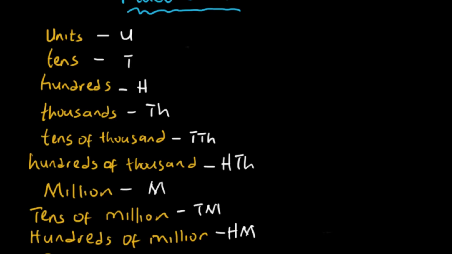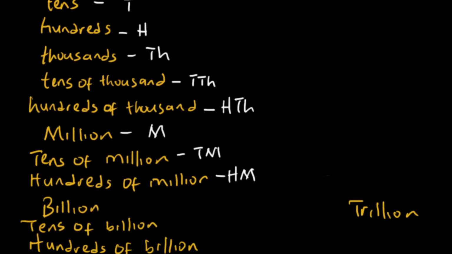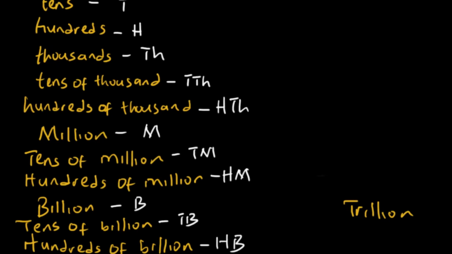Do you understand? Then we have billion as B, tens of billion as TB, hundreds of billion as HB. Then trillion, we can represent as TR. Do you understand?